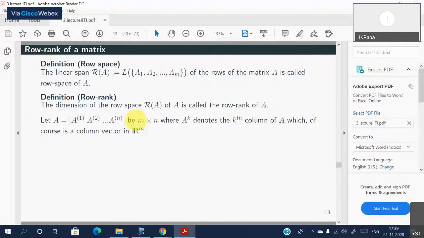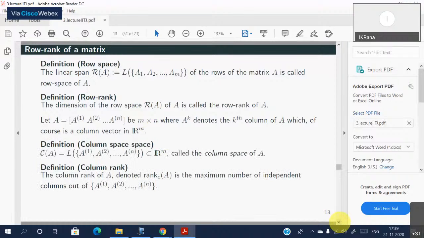That is a subspace. Call it a subspace of Rn. Call it the row space of A, and the dimension of that is called the row rank of A. Similarly, you can look at the column vectors and span the columns. Look at each column. Each column will be a vector having entries, it will be a point in Rm.